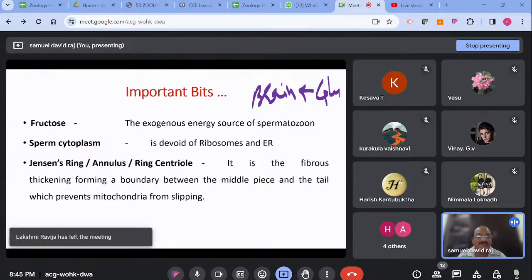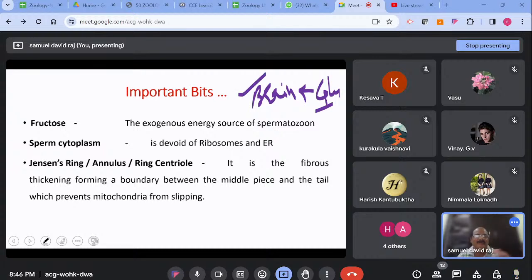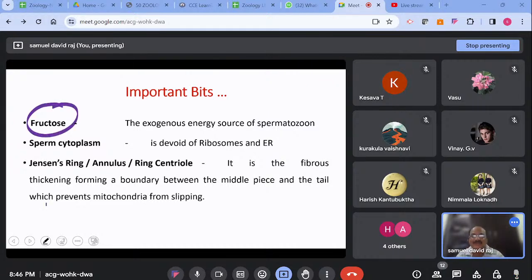At that time, eat a few biscuits or anything that has glucose, so that you come back to normalcy, because the brain feeds on glucose only. But sperms do not feed on glucose. Rather, they feed on fructose. You have to remember this also.